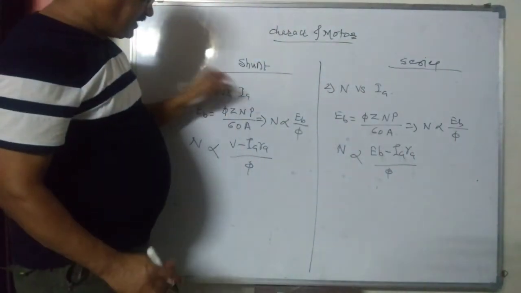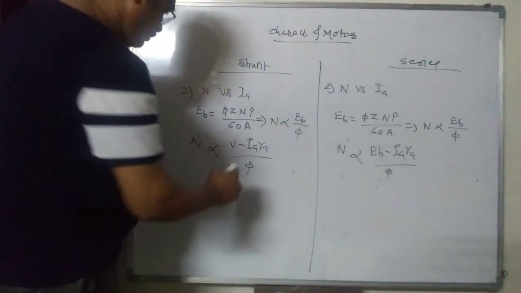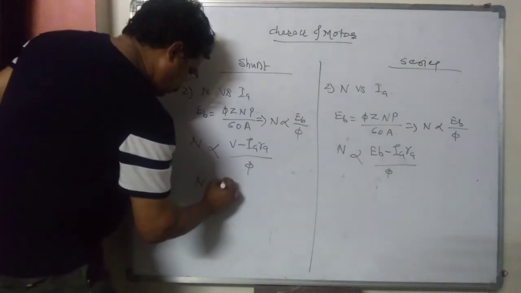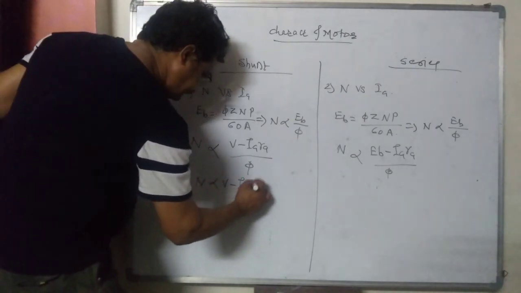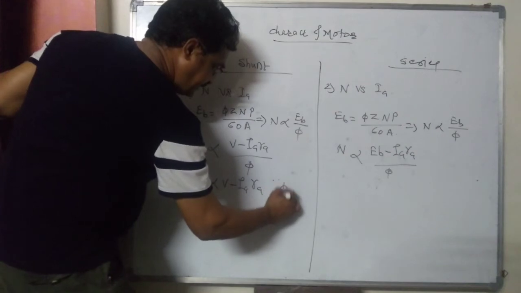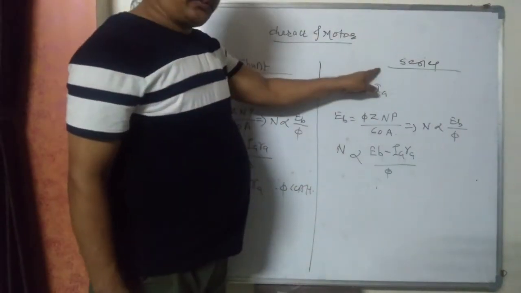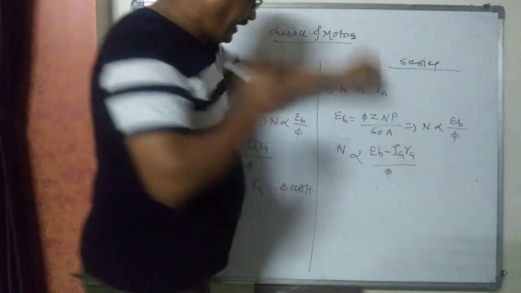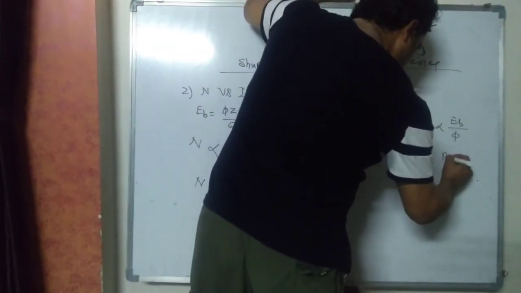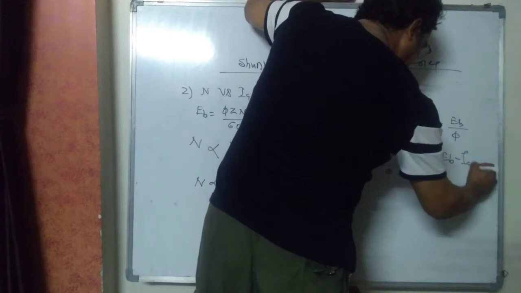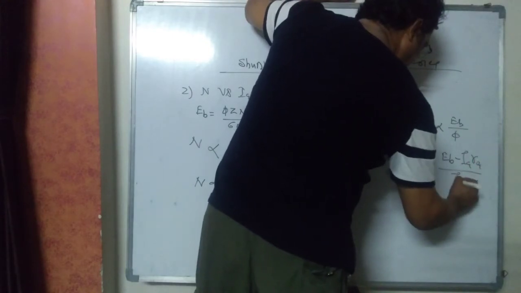Now in shunt motor, phi is constant. So N is proportional to V minus IaRa, since phi is constant. But in series motor, phi is proportional to Ia, so N is proportional to Eb, that is V minus IaRa, upon phi.